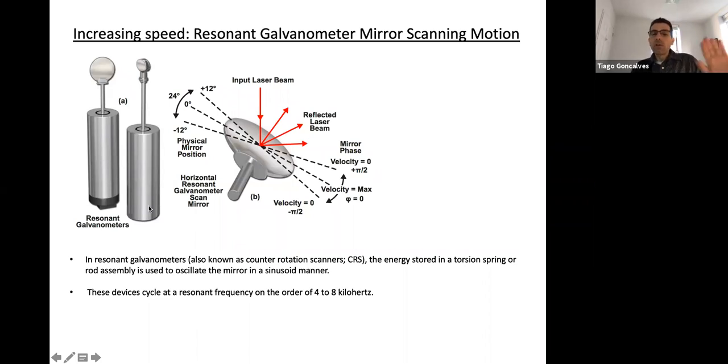They go much faster, at 5 to 8 kilohertz, and they allow you to do frame rates of, say, 30 hertz instead of 5 hertz. The problem is that they never stop, and they can only go one speed because they're resonant. They have a resonant frequency that they oscillate at, and they can't do anything else.